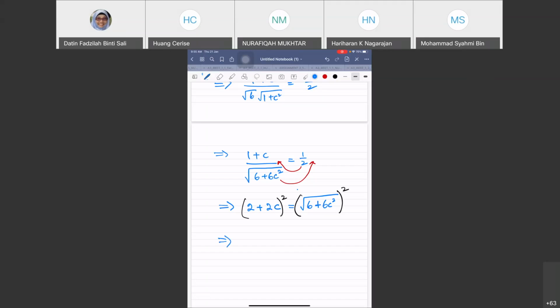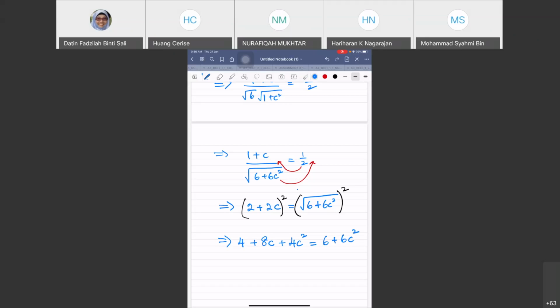So it will be a squared, which is 4, plus 2ab, which is 2 times 2 times 2, so 8c, plus b squared, so 4c squared. That is on the left hand side. On the right hand side, 6 plus 6c squared.